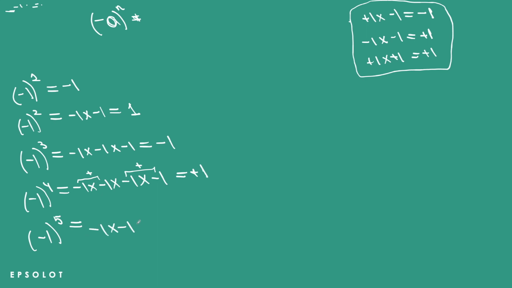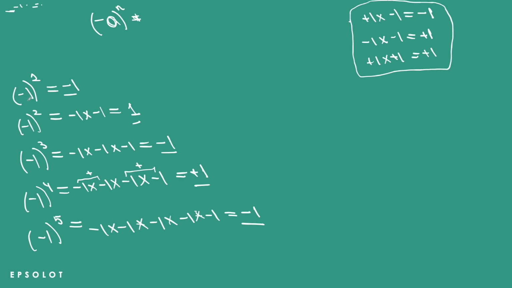Now we are going to do the same thing one more time, so there's 1, 2, 3, 4, 5. We know that something raised to the power of 4 was a positive 1, and positive 1 multiplied by negative 1 gives you a negative 1. There's a very quick trend that you may have already noticed.